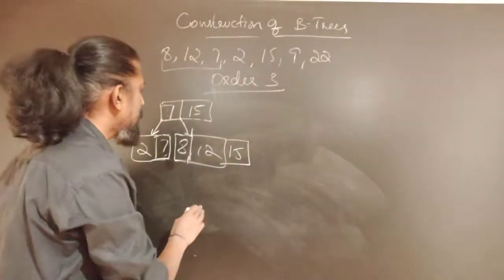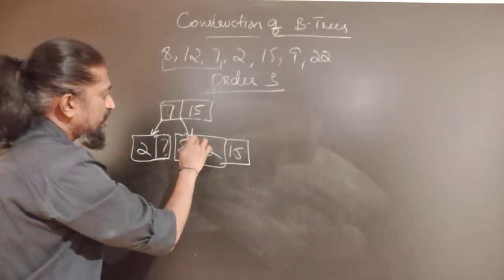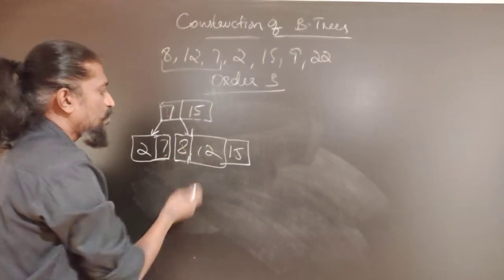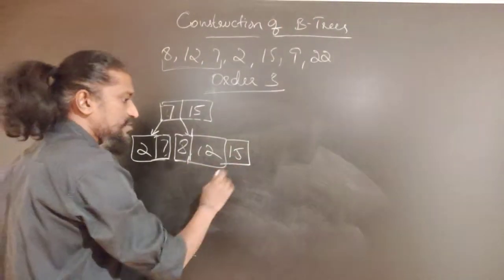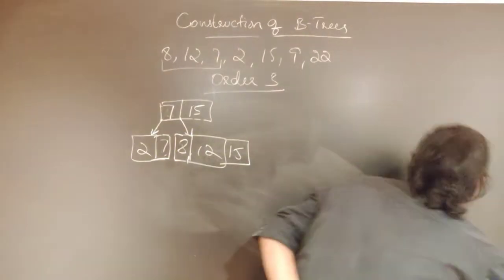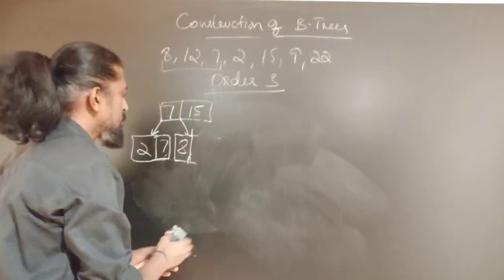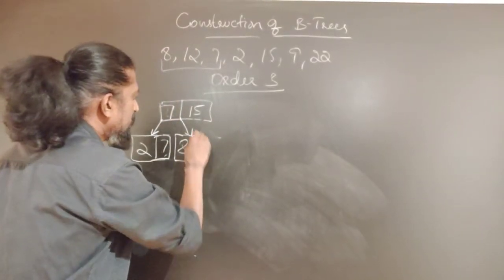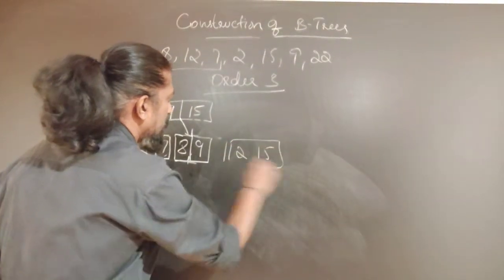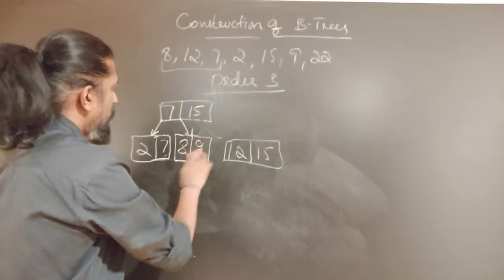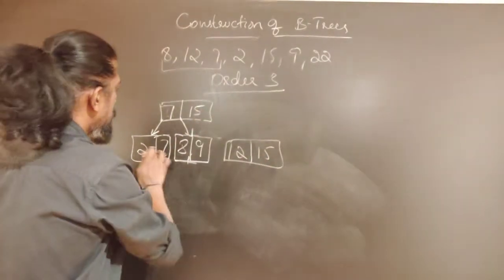The next key is 9. So when we try to insert 9, it has to be inserted in between 8 and 12, but we see that the node is already full, therefore this node has to be split into 2 nodes. So what happens is we will have 8 and 9 in one node, 12 and 15 in another node, and here 15 is already there, 7 is already there.